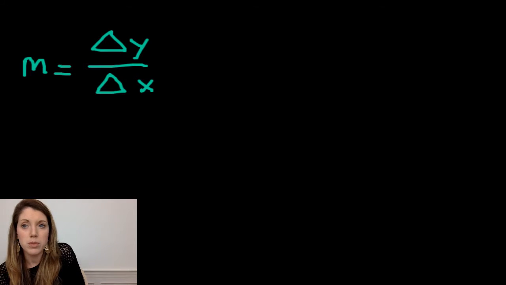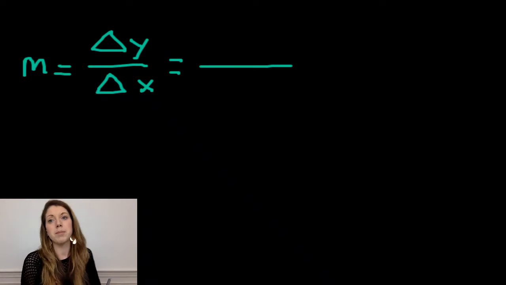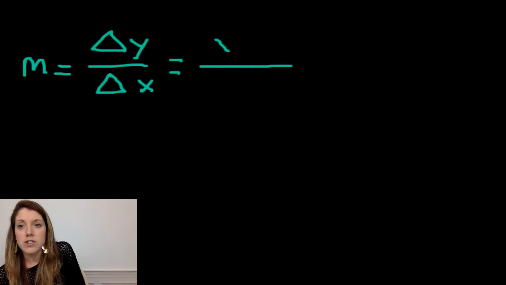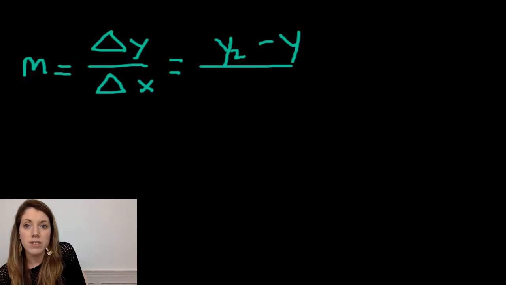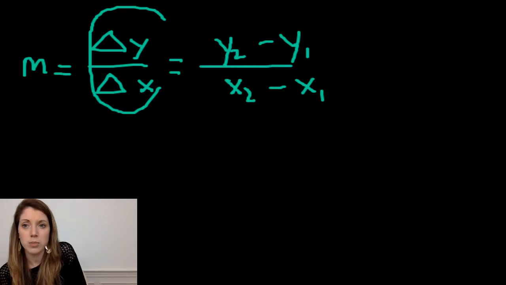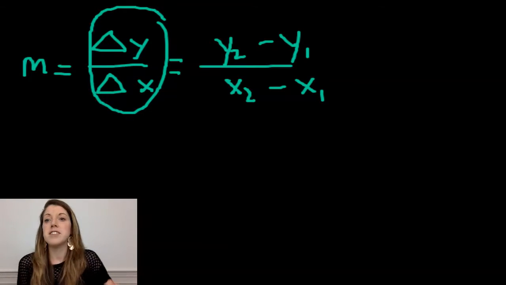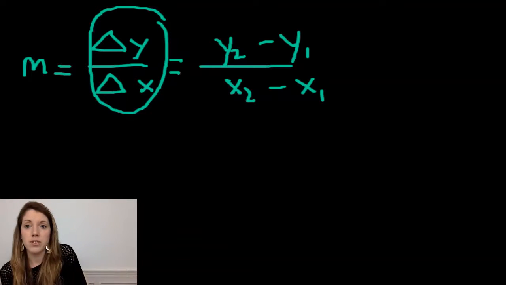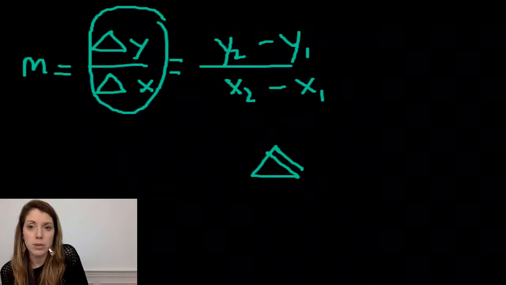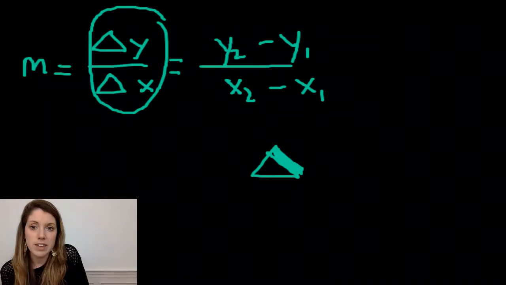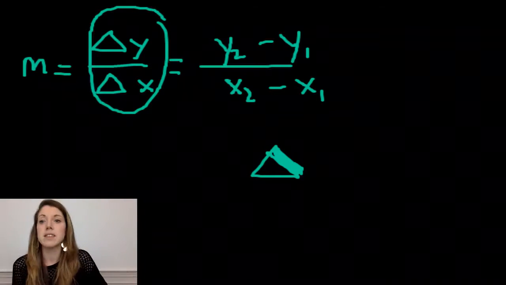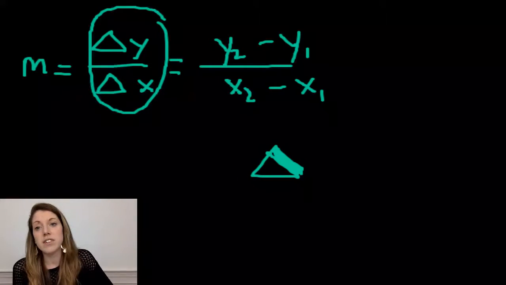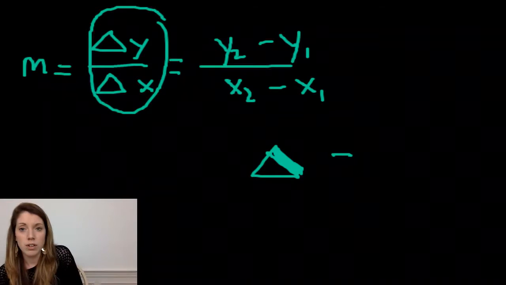I know you remember this because we've talked about it a million times this year already. Okay, maybe not a million, but a lot. And so it's y2 minus y1 over x2 minus x1. But what I want you to think about in particular is this expression here. And we use the term delta y over delta x because we know that this triangle means change in. So it actually usually looks a little like this. So it's our Greek symbol delta, and delta means change.